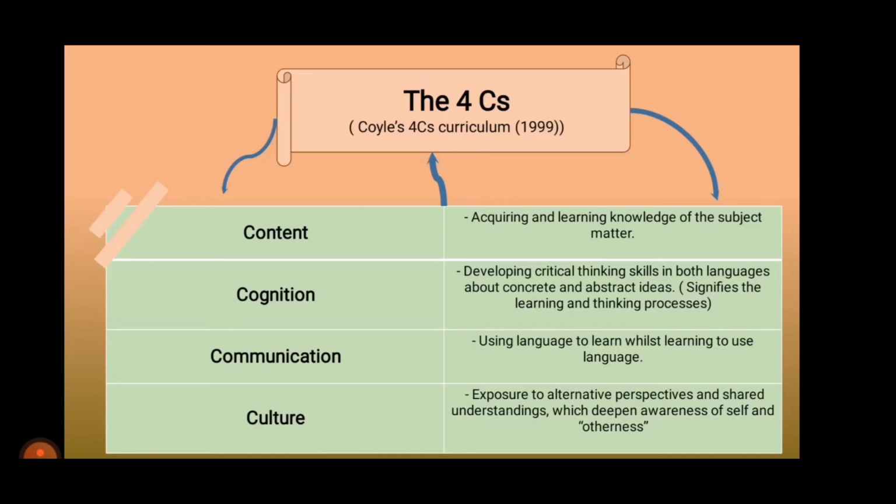Cognition is developing critical thinking skills in both languages about concrete and abstract ideas; it signifies the learning and thinking processes. Communication is using language to learn whilst learning to use language. Culture is exposure to alternative perspectives and shared understandings which deepen awareness of self and otherness.